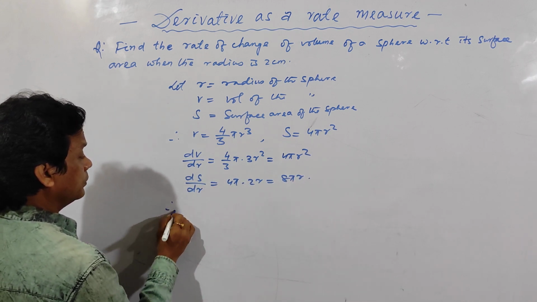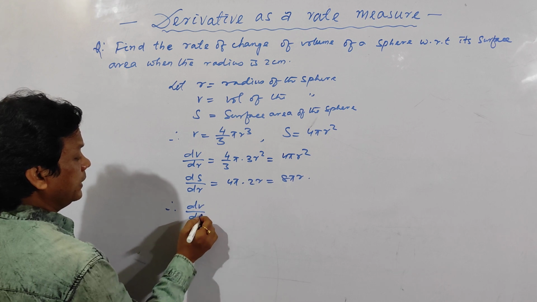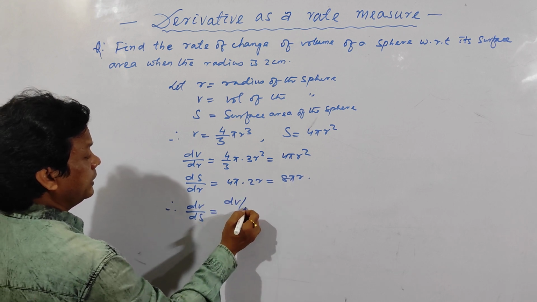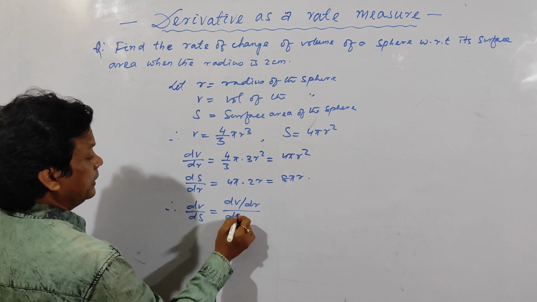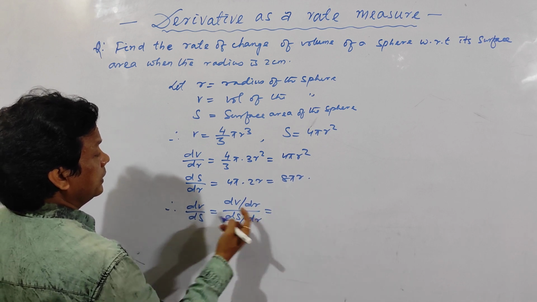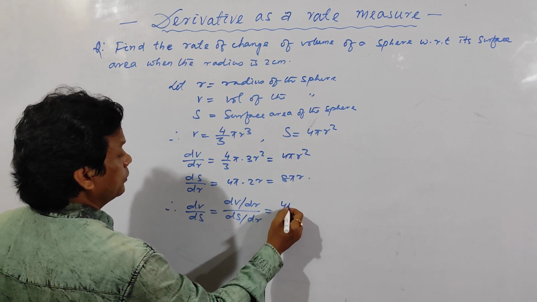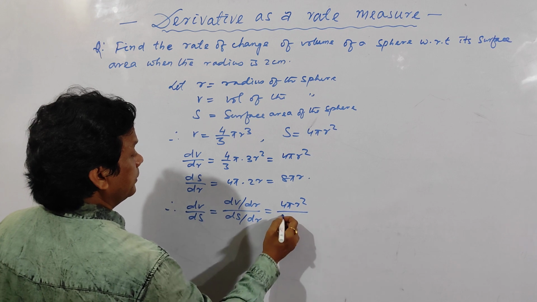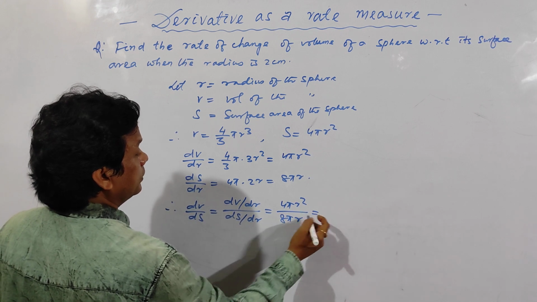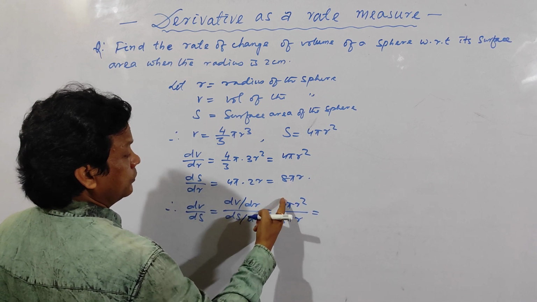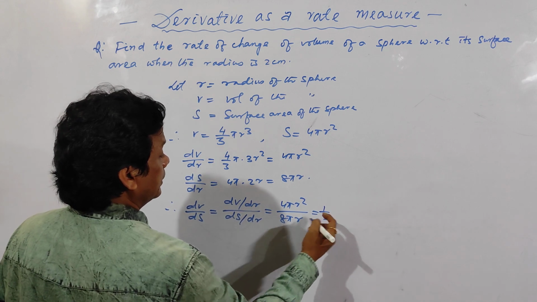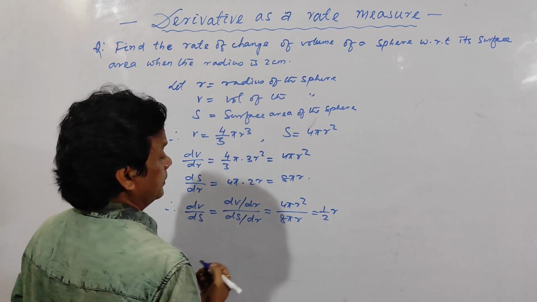So therefore dV by dS is equal to dV by dr divided by dS by dr, that is 4 pi r square divided by 8 pi r. So pi cancels out, 4 by 8 is half, r cancels out, remaining r.